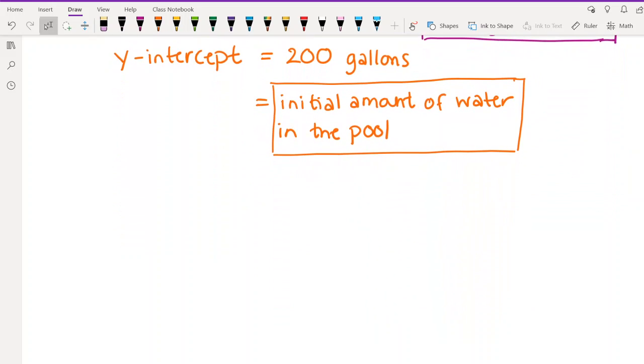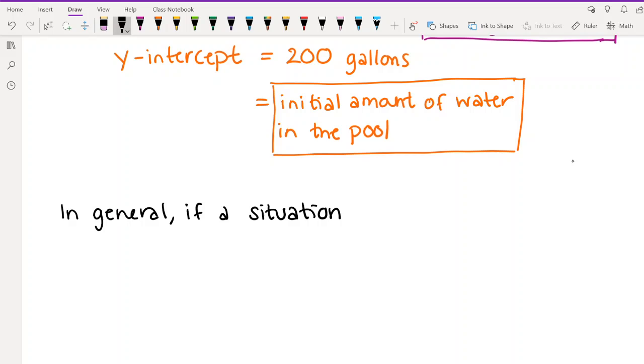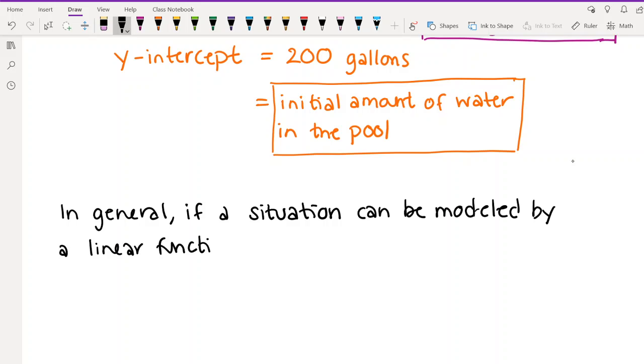Let me just summarize that. In general, if a situation can be modeled by a linear function, the slope represents the rate of change.